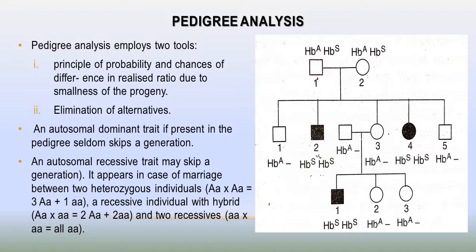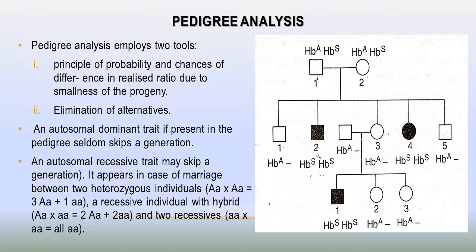In autosomal recessive or dominant traits, the parents may be affected, unaffected, or carriers. Here both parents are carriers. They have one normal gene and one defective gene, so they cannot show any characteristics of sickle cell anemia, but they carry the defective gene to another generation.